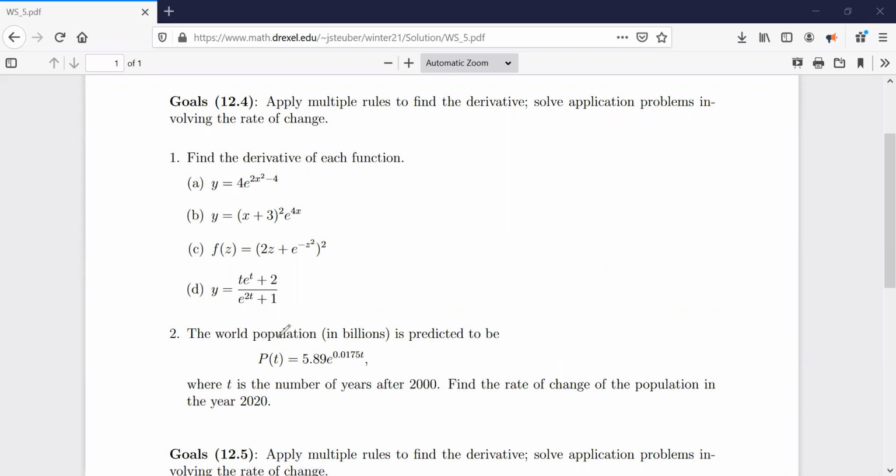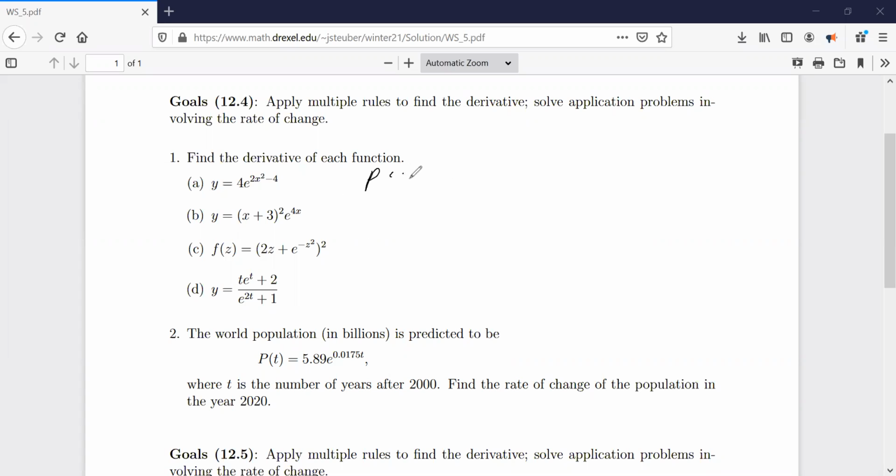So the world population in billions is predicted by P of t equals 5.8 times e to the 0.0175 t, where t is the number of years. Find the rate of change of the population in the year 2020 in this model. It's only giving us a single point, so it's asking us for the instantaneous rate of change, or the derivative.